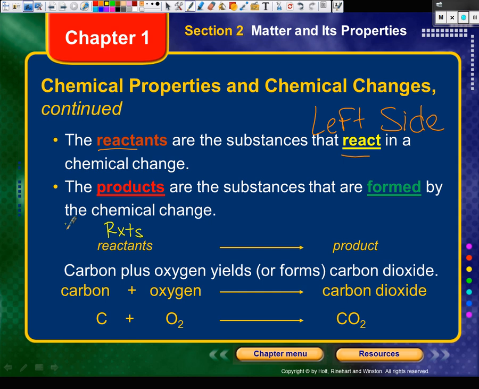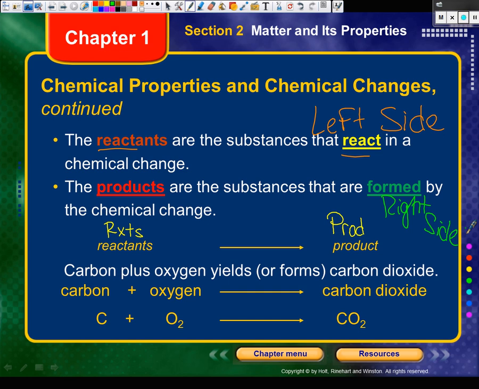My shorthand for product, it's RXTS, Teddy. Okay. Now, products are the substances that are formed, and they are on the right side. So reactants react, products are produced. Okay? So in this reaction, we have carbon plus oxygen yields or forms carbon dioxide.